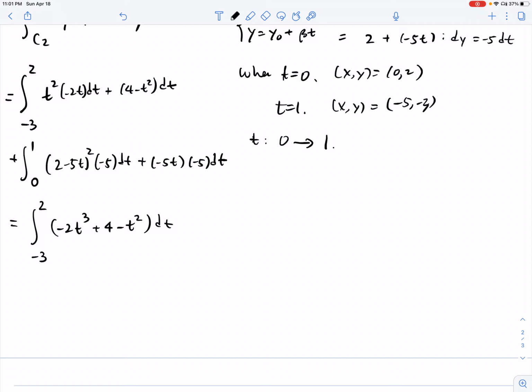Now this is an easy definite integral, right? And the second one is even easier. We have from 0 to 1 of negative 5 times (2 minus 5t) squared dt, and let's include the last term as well, so that's plus 25t dt.